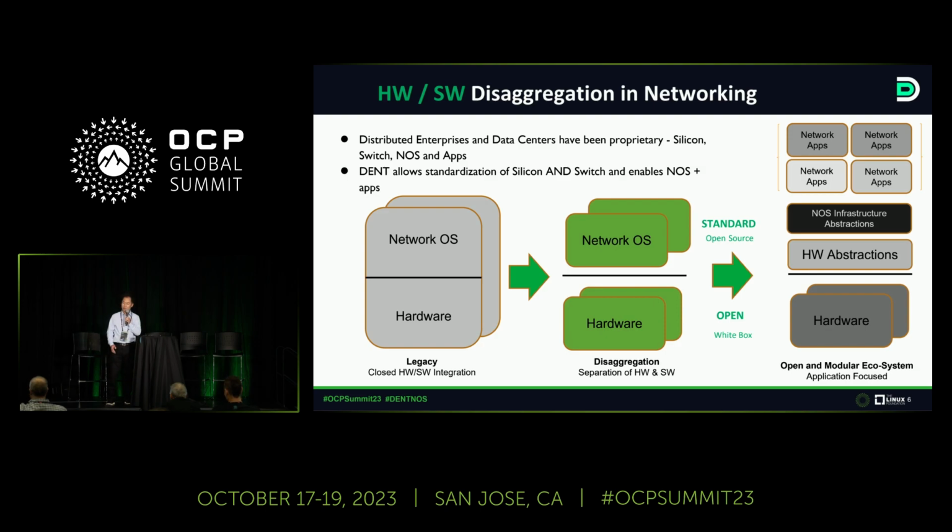As you can see, hardware provides the hardware functions, and we have hardware abstractions, NOS abstractions, and even another layer of network apps supporting as well. So the industry has changed quite significantly, and I think most of the benefit is saving cost. Once you have everything disaggregated, you have the opportunity to select from different vendors and work with different partners. So it will be very flexible and cost saving.